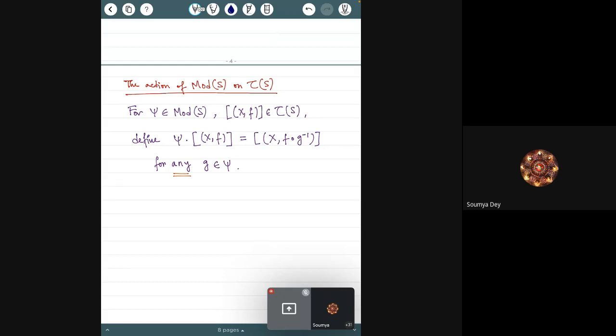You just define psi acting on this class to be the class of x comma f composed g inverse. This is the action where this g is any representative of your psi. So this means even if you choose some other representative, these two will give you the same class. Okay, this needs to be checked.